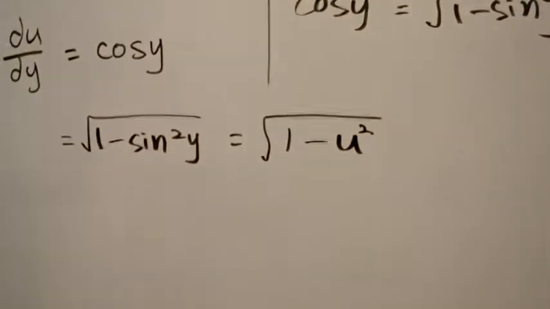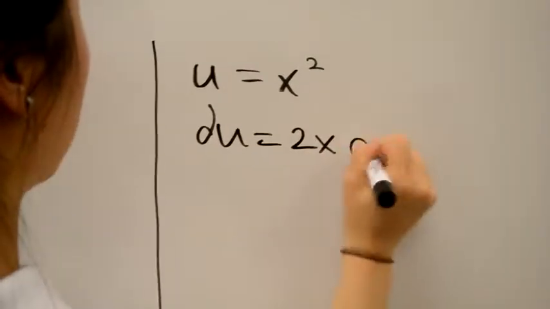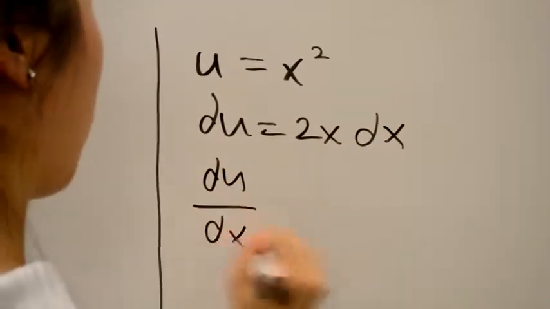But in here, since we have to get dy/dx at the end, we have to find du/dx also. And that gives us that du/dx is 2x.